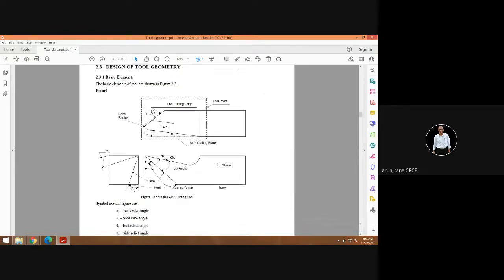This is called the shank. So what should be the height of this, and what should be the width of this, or the cross-section area? You cannot take this randomly. It is based on mathematical models, so you need to calculate this.